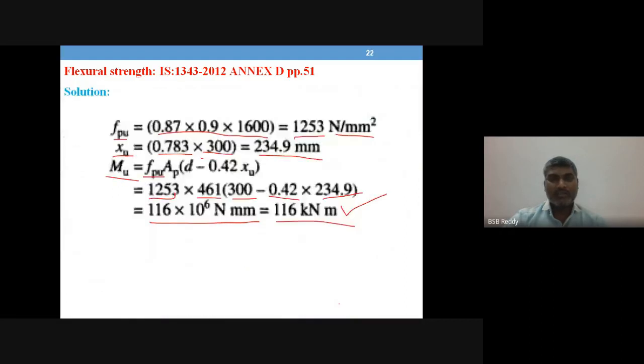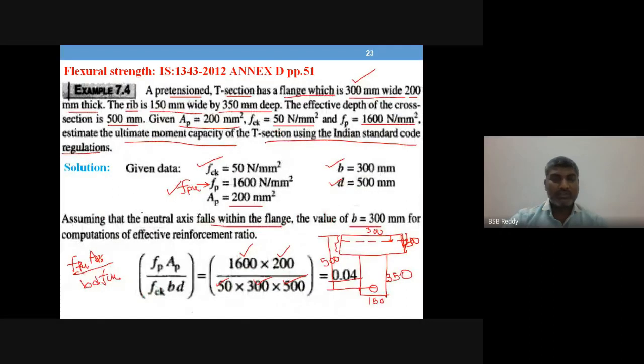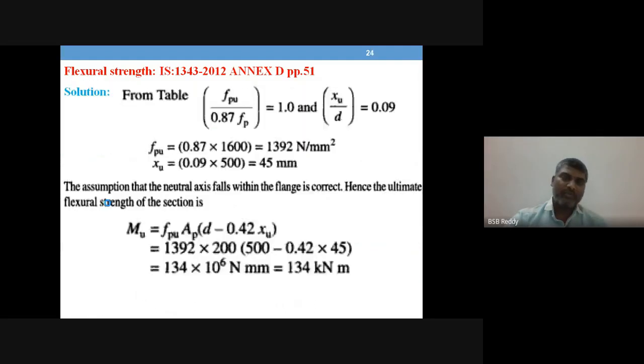Okay, so this is how you are able to calculate for the case of a rectangular section. And for the case of a flanged section, we start with an assumption, because we don't know whether the neutral axis falls in the web or flange. So first you assume the neutral axis falls in the flange itself, so that you can use this formula.